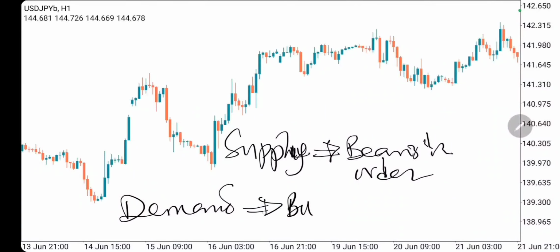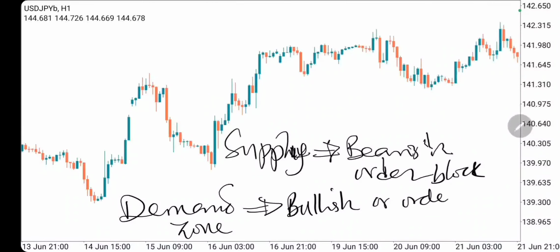So the demand zone is the same as a bullish order block.